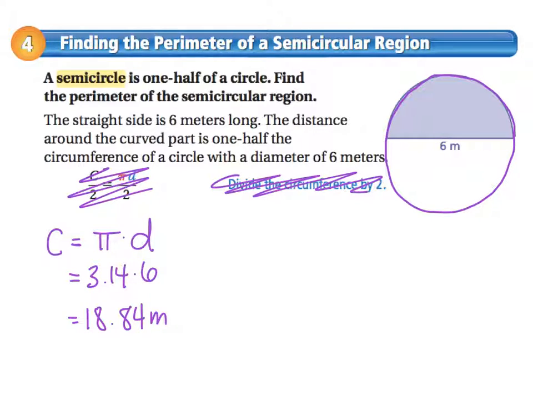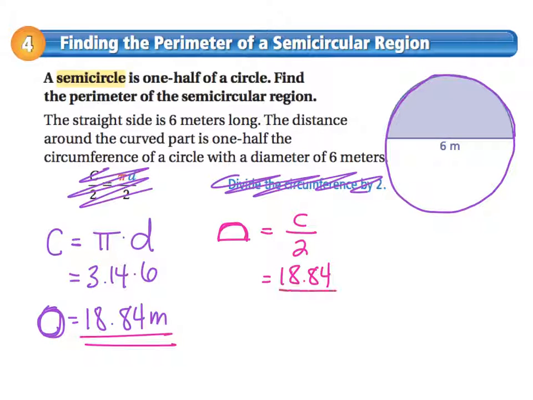However, that's an entire circle. If I want just half a circle, I need to take half of this. So I take my circumference and I divide it by 2. 18.84 divided by 2. Then this pink region that I just outlined is 9.42 meters.